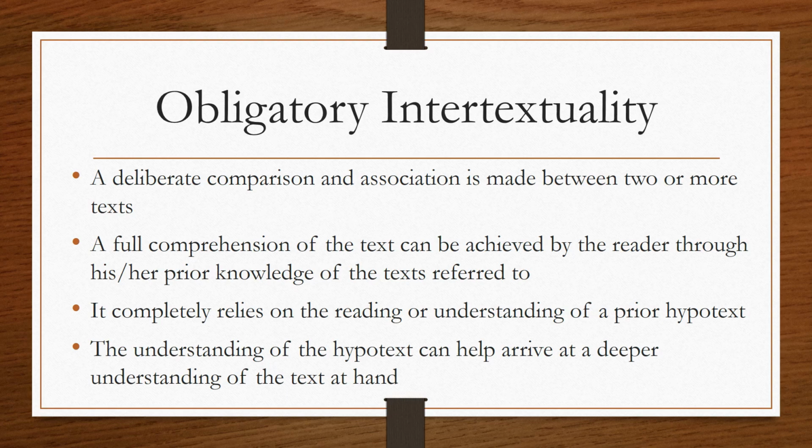So, in order to understand the complexities involved in the relationship between Victor Frankenstein as a creator and the monster as his creation, it is mandatory for a reader to know the story of creation. So this is one of the examples of obligatory intertextuality.